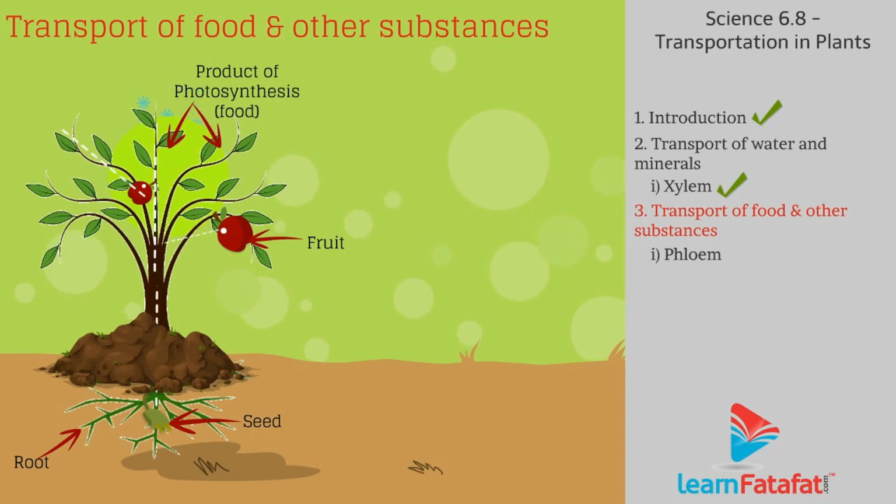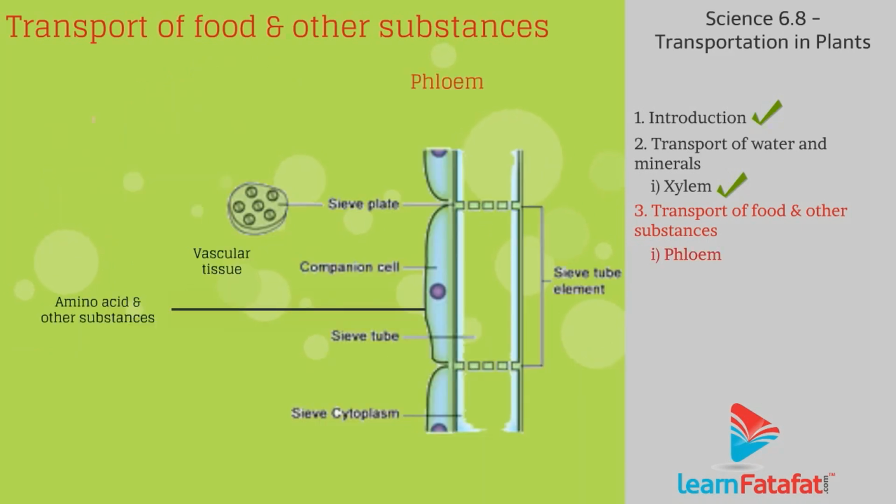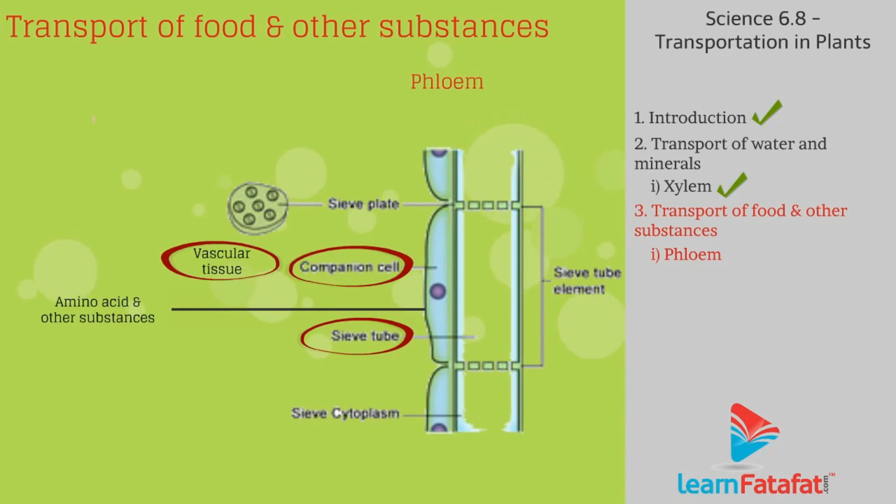The transport of soluble products of photosynthesis is called translocation. Translocation occurs in sieve tubes with the help of companion cells in vascular tissue called phloem. Phloem also transports amino acids and other substances.